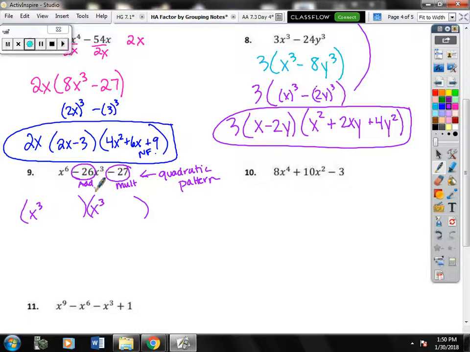What would those be? Negative 27 and plus 1. Now, if only that were the end of the problem. x cubed minus 27 times x cubed plus 1. How do we factor something that is a cubic sum or difference of cubes?